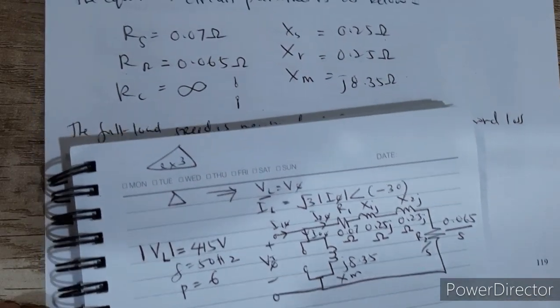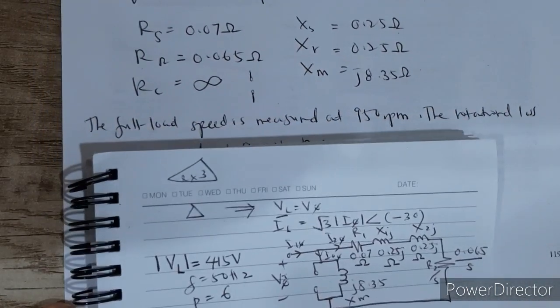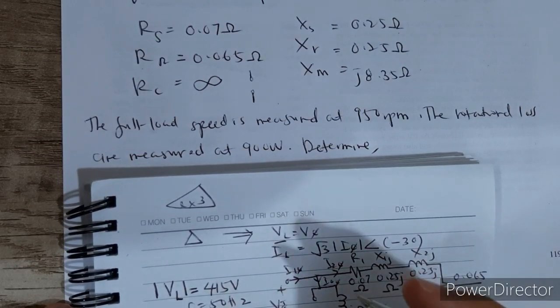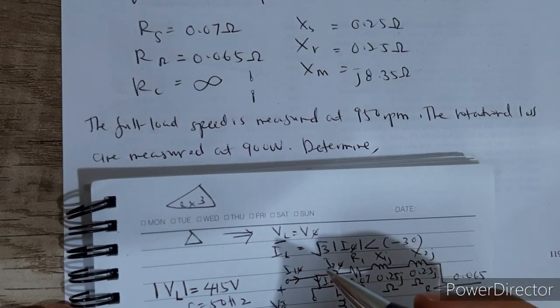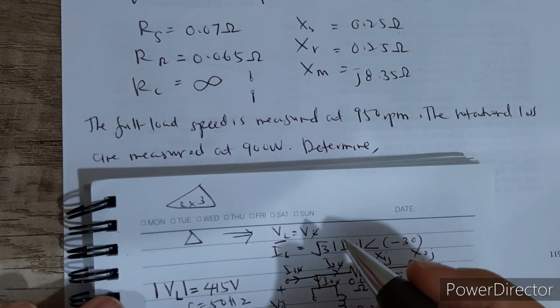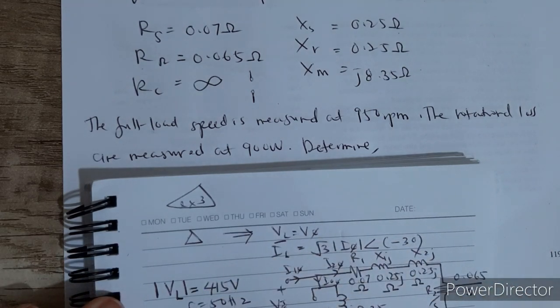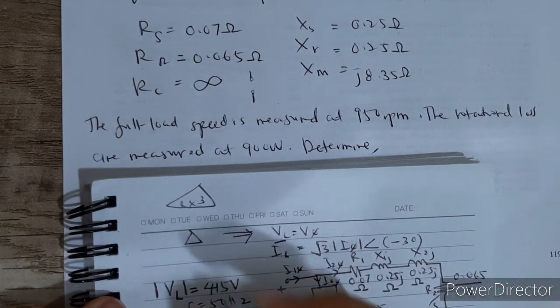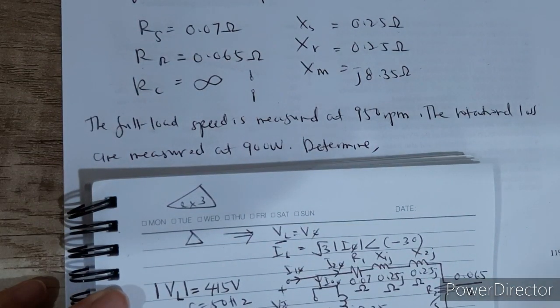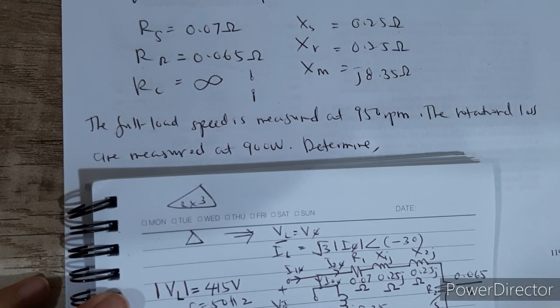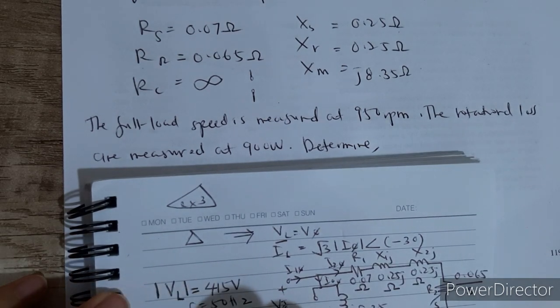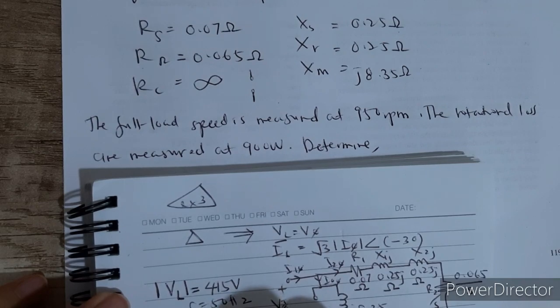Alright. So what are the other given information? The full load speed is measured at 950 RPM. It's not stated whether it's synchronous speed or motor speed, but usually the given speed is actually Nr, the rotor speed or motor speed. Why?